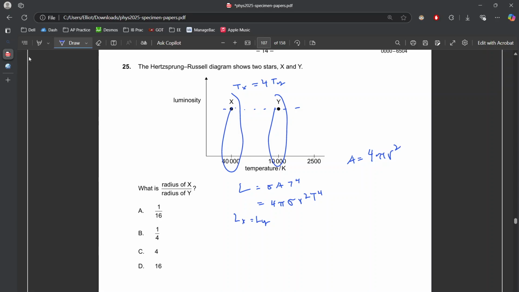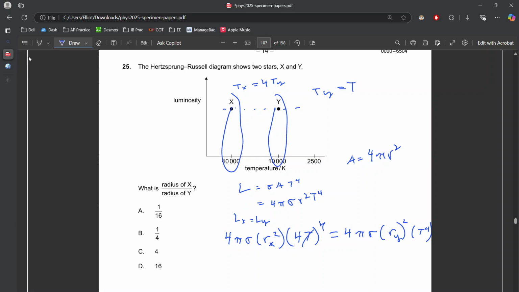So that means 4 pi sigma r_x squared times (4T)^4, where instead of Ty I'm just going to say capital T, is equal to that same series of constants times r_y squared times T to the 4th.